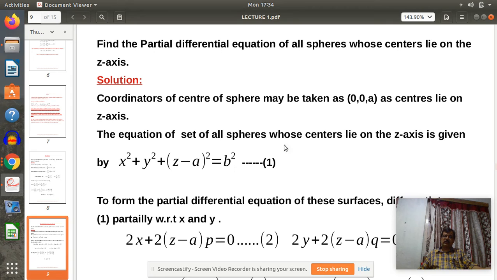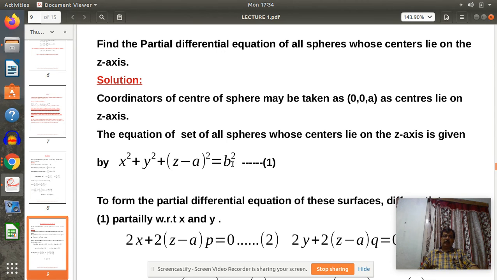In this case, the center is 0, 0, a. So x square plus y square plus z minus a the whole square equal to b square. Here b represents the radius, and in this equation a and b are arbitrary constants. The only condition given is that the center of the sphere lies on the z-axis, so it can be at any point along the z-axis, and the radius of the sphere can take any value.